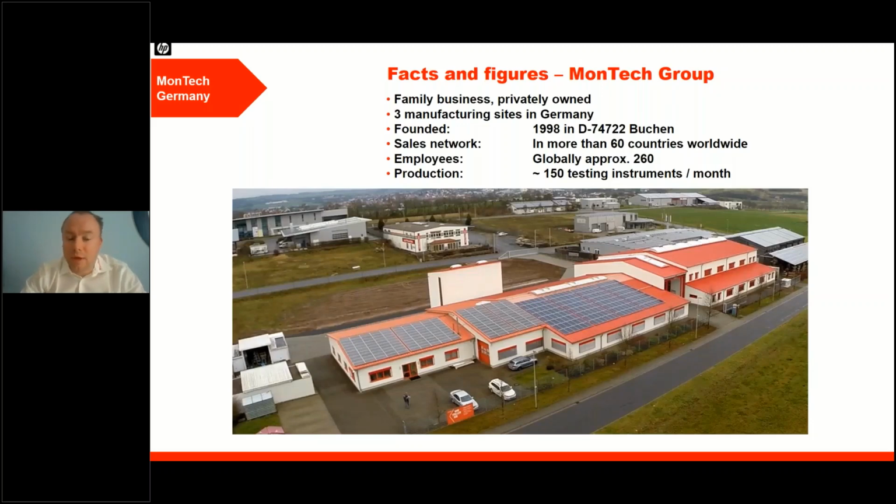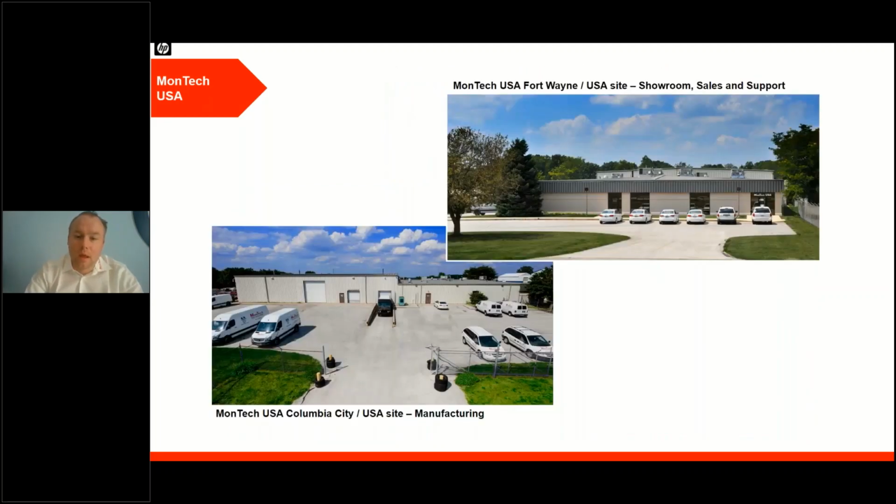We're currently manufacturing in our 3 German and 1 US manufacturing locations about 150 testing instruments per month, solely dedicated to the rubber industry. We have a global network of sales, service, as well as showrooms in Germany, US, but also all other countries with major rubber companies present all over the world.